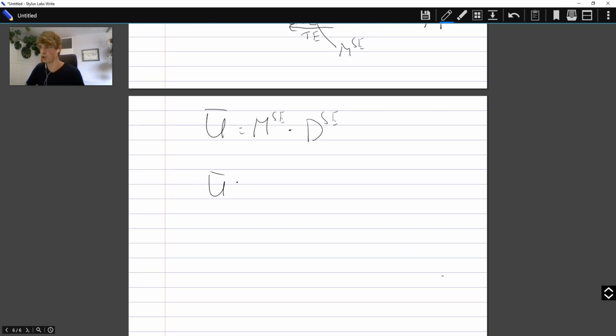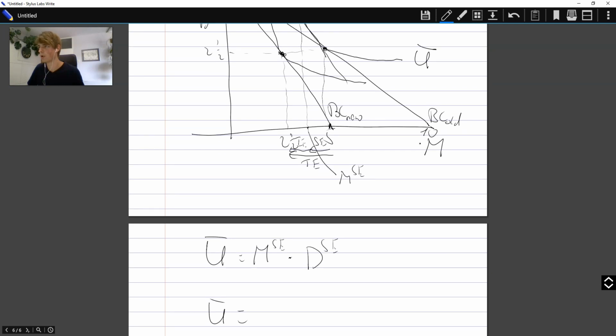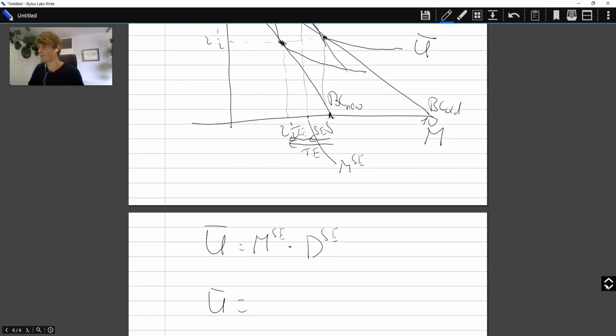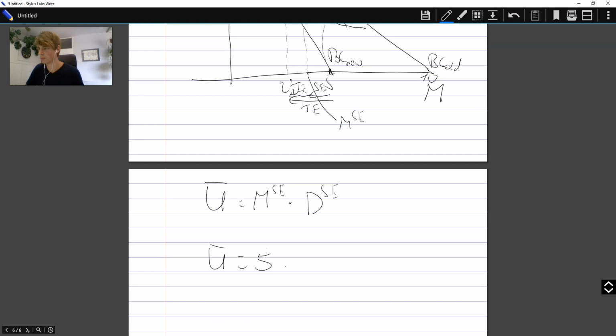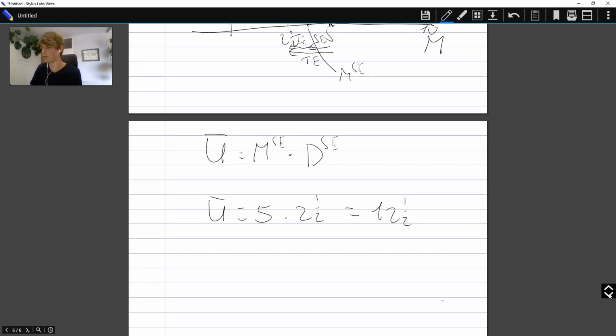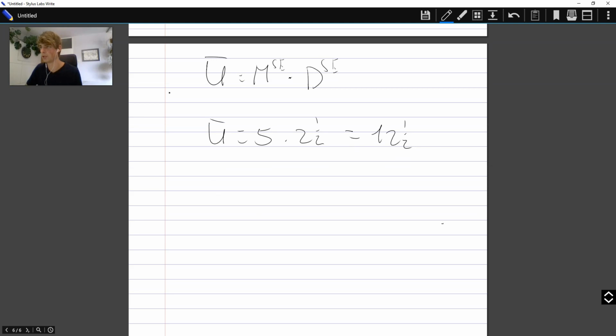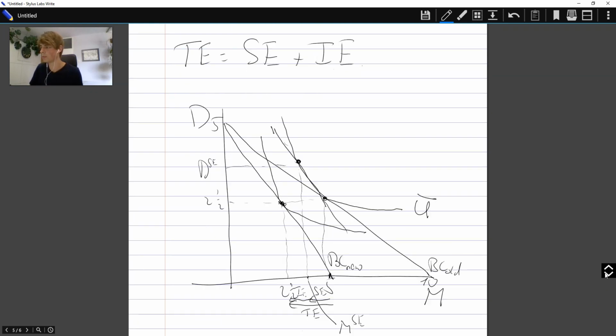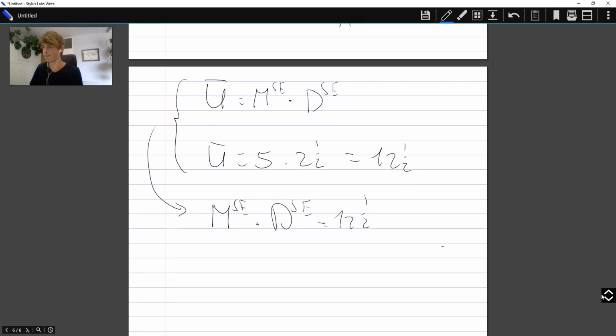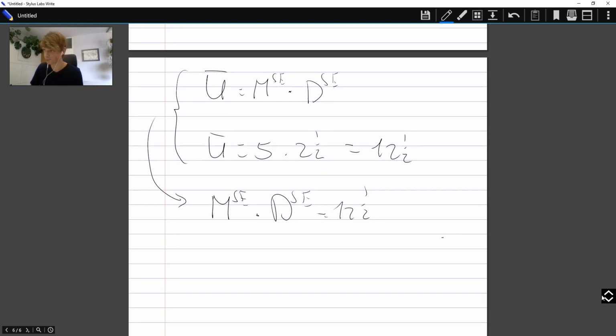And we know that U bar equals 5 times 2.5, which equals 12.5. So the first thing we know is that at this consumption bundle, this consumer's utility equals 12.5.